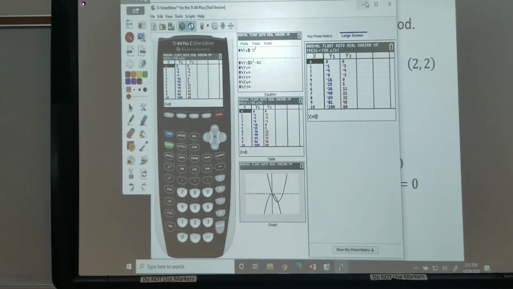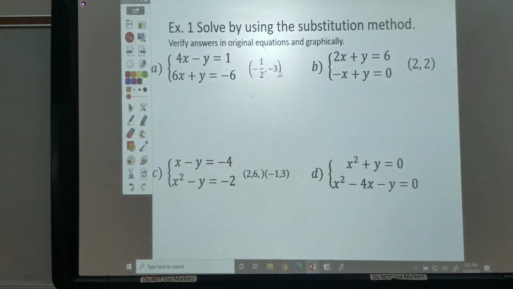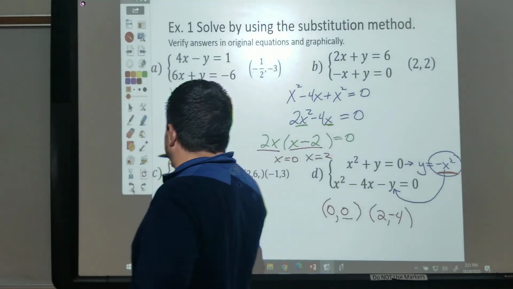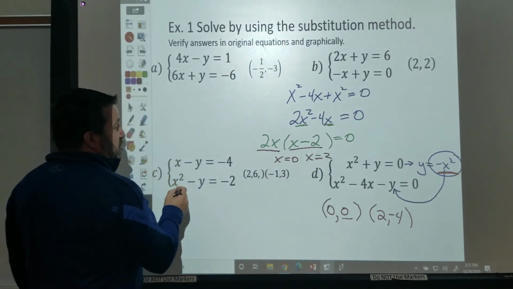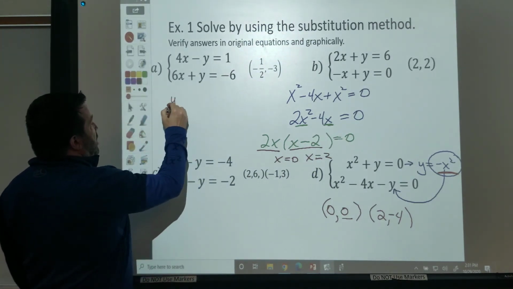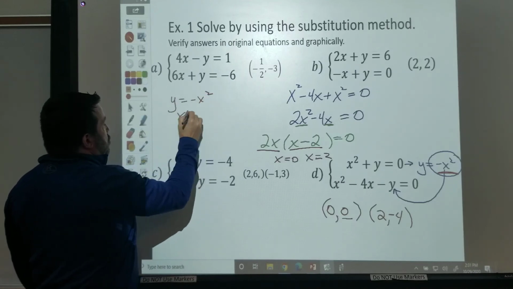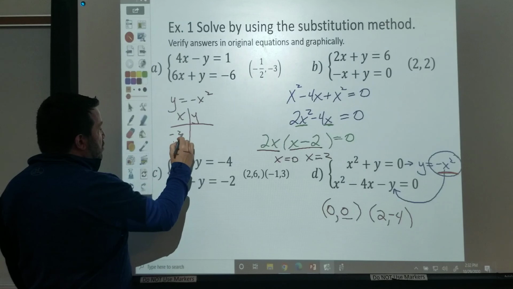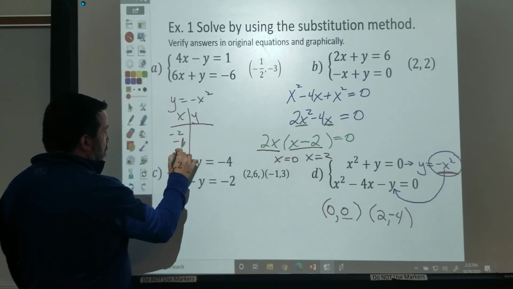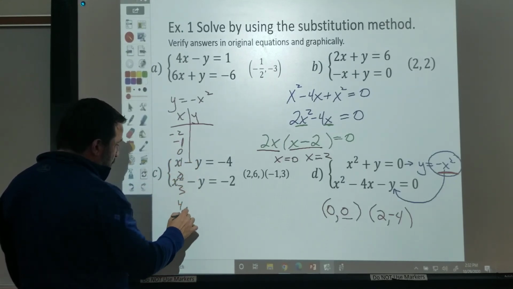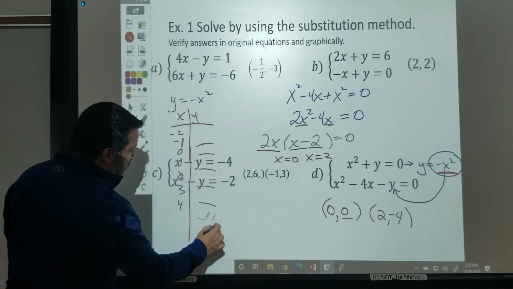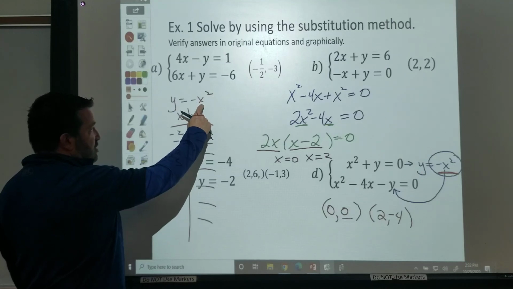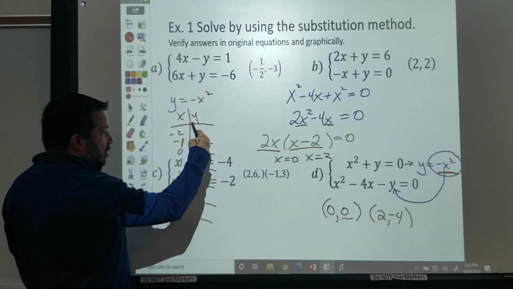So the main reason I'm doing that is, again, you could just create an xy chart if you needed to. For y equals negative x squared, you could simply start plugging in values like negative 2, negative 1, 0, 1, 2, 3, 4, whatever you wanted to make an XY chart, find a bunch of values and plot those points if you need to. Or it is a parabola. You should know its vertex is 0, 0, it opens downward, things like that.